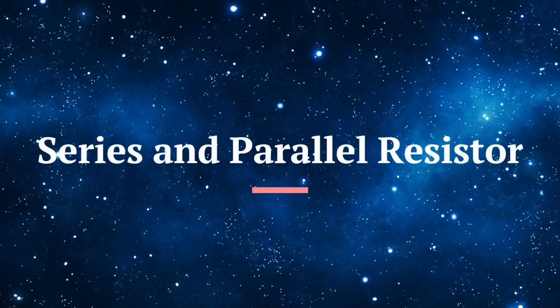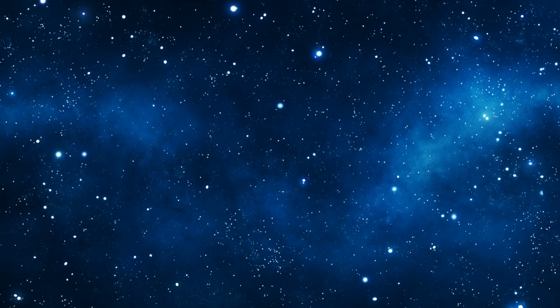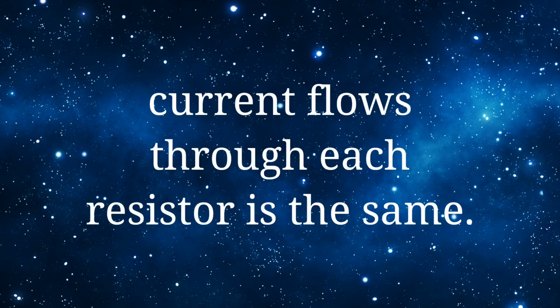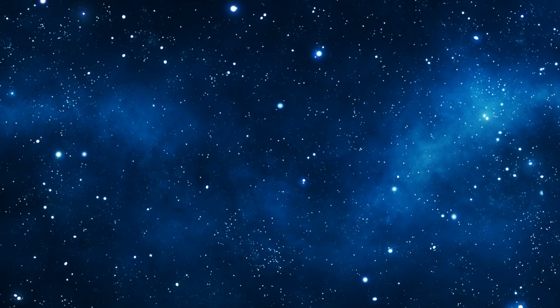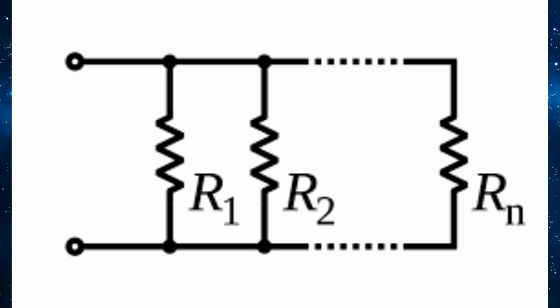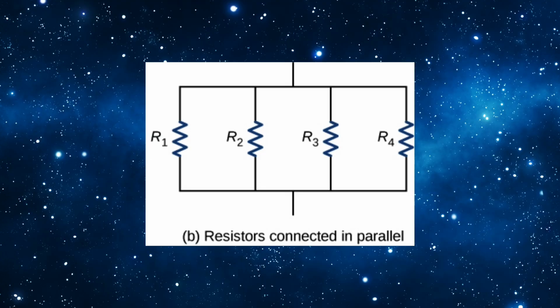Series and parallel resistors. In an electrical circuit, when resistors are connected in series, they are connected one after another, by which the current flowing through each resistor is the same. As a result, the total resistance of the circuit is equal to the sum of the individual resistances. On the other hand, when you connect resistors in parallel, the voltage across each resistor is the same because the resistors are connected side by side.